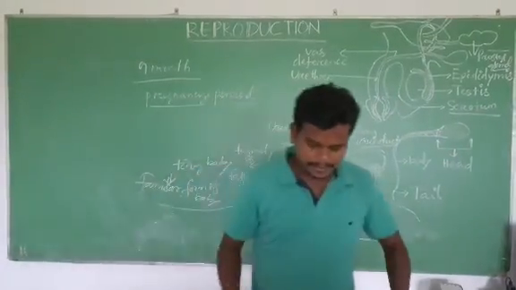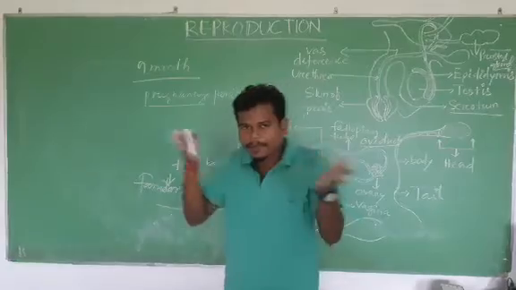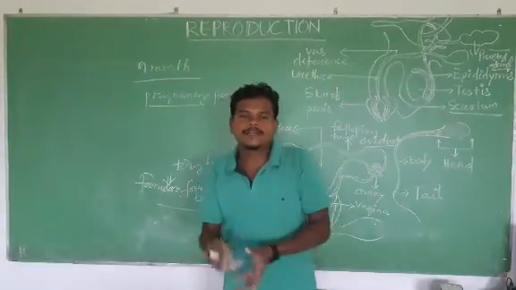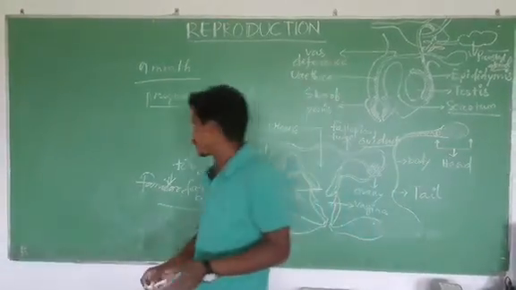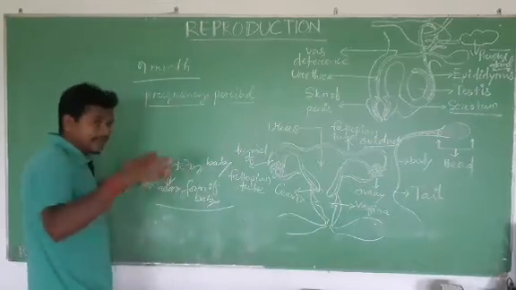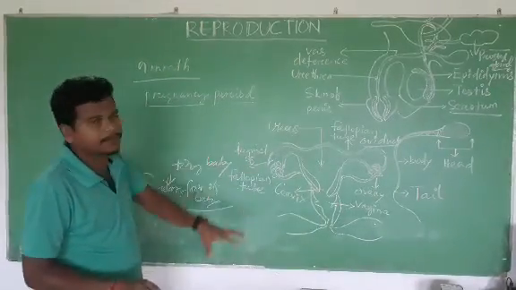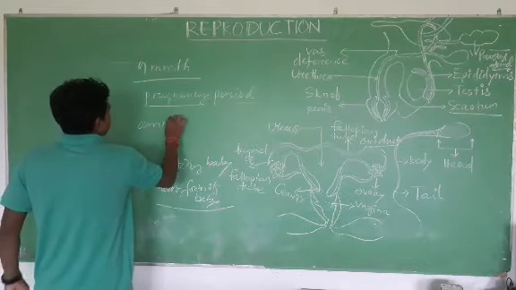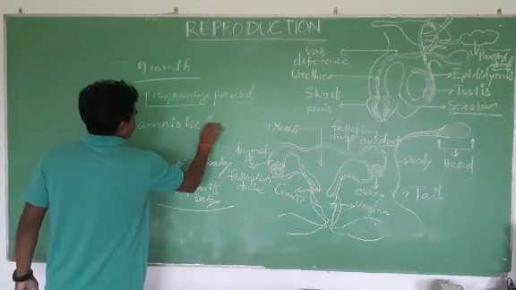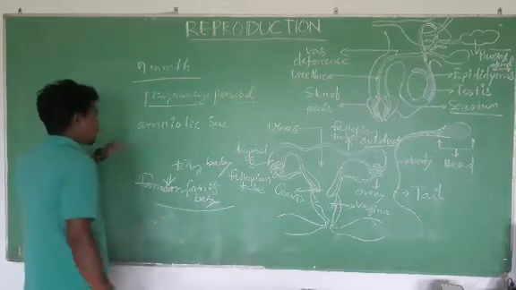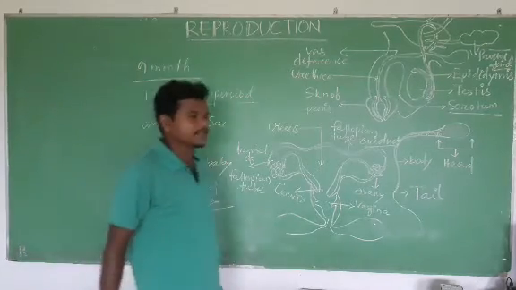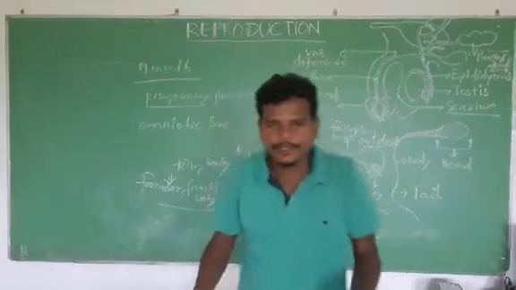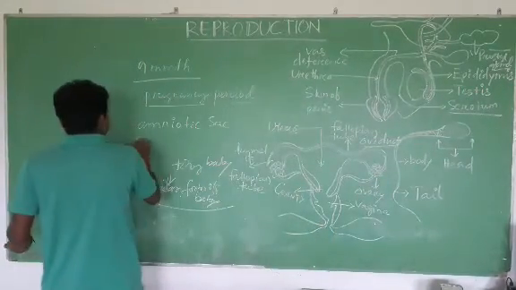Inside the uterus, the baby is protected with a sac-like structure. A sac that protects the baby inside the mother's womb is called the amniotic sac. Inside the amniotic sac it also contains some fluid, and that is called amniotic fluid.